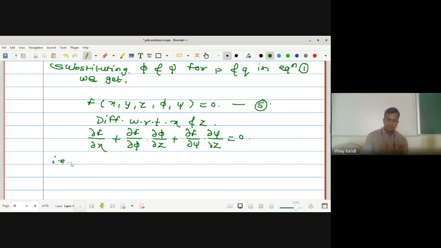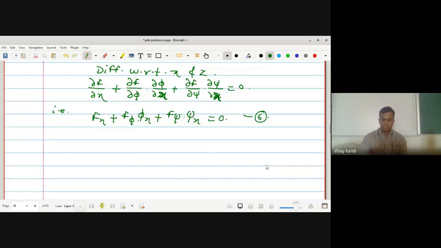That is fx plus f phi into phi x plus f psi into psi x is equal to 0. Give it equation number 6.